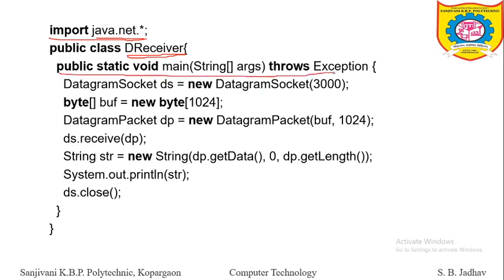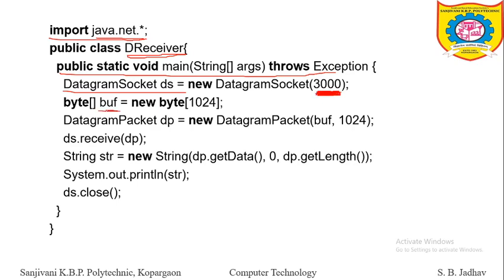Then in the main method we again have created the datagram socket, and it is bound to a particular port number 3000. As in the previous program we also have used 3000 as a port number.